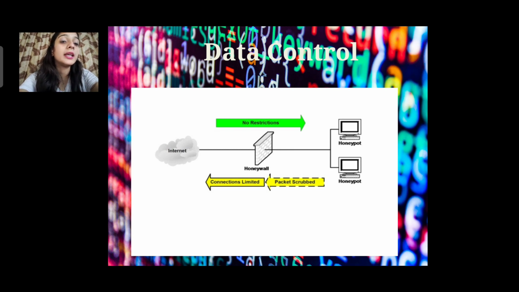A honey wall is set up between the internet and the honeypots. There are no restrictions at all, and the intruder, or the hacker, can easily access the false server that is set up to befool him, and in this way we can control our data and save our data.